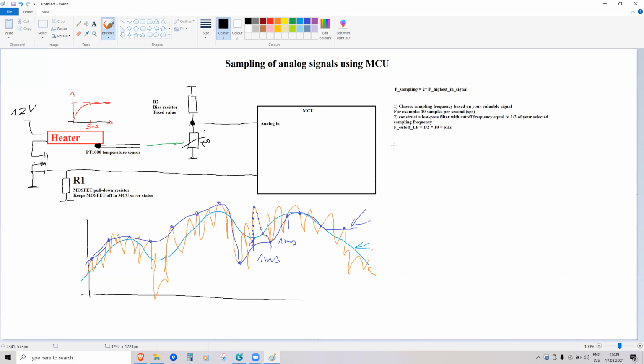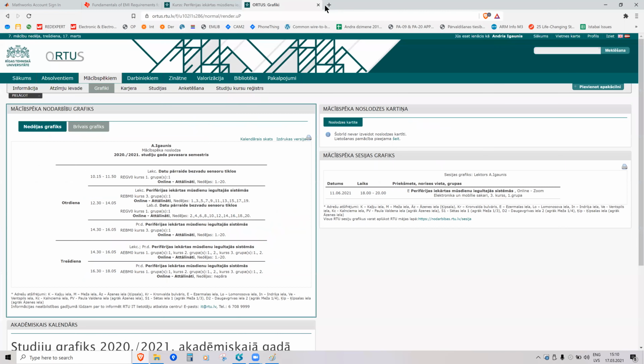If possible, you would just put a resistor and a capacitor, and that's your low pass filter. And I think the cutoff frequency was the square root of R times C, something like that. We can check it on the internet.